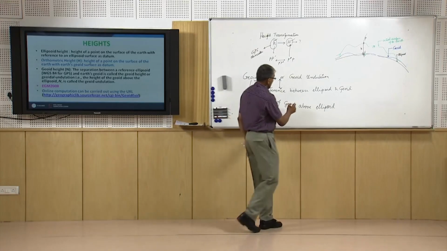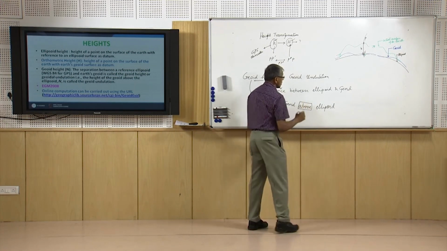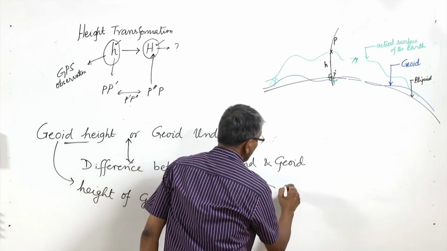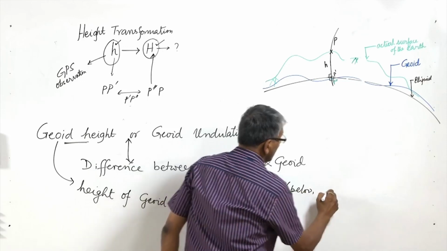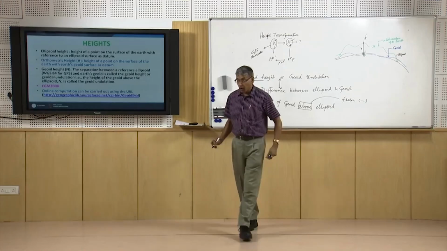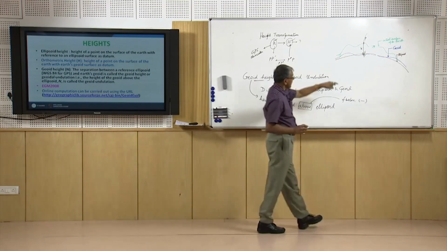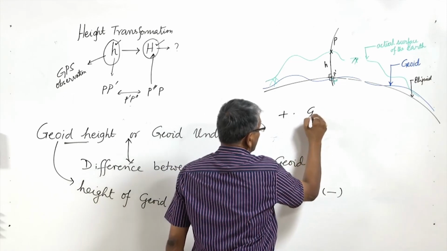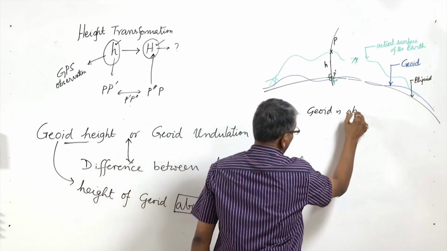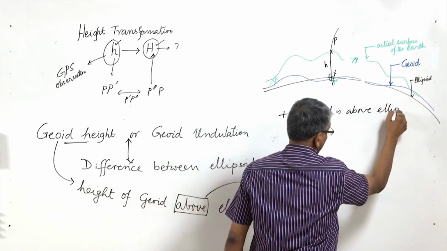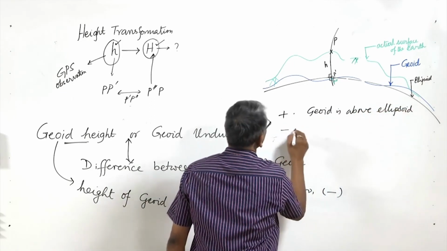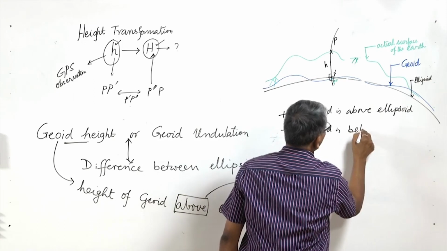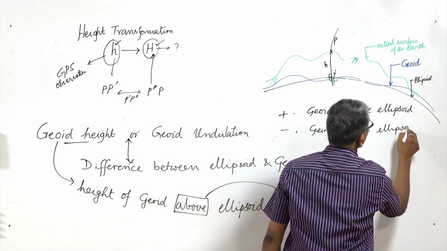Now in this, that means height above I have written. If it is below, then it will be denoted as negative. So positive means the geoid is above the ellipsoid, and negative means the geoid is below the ellipsoid.